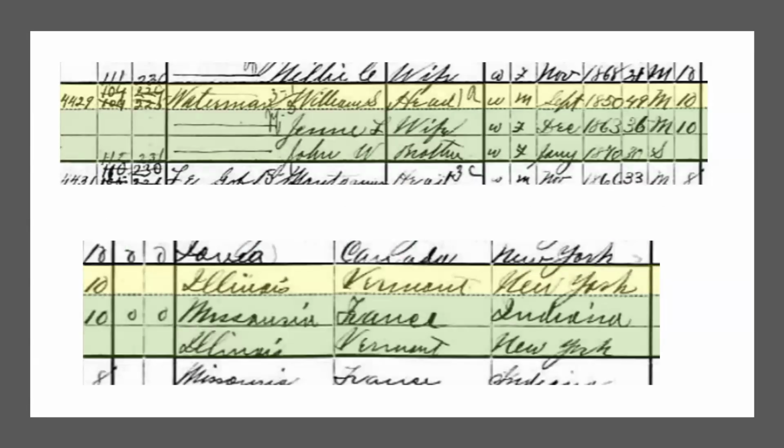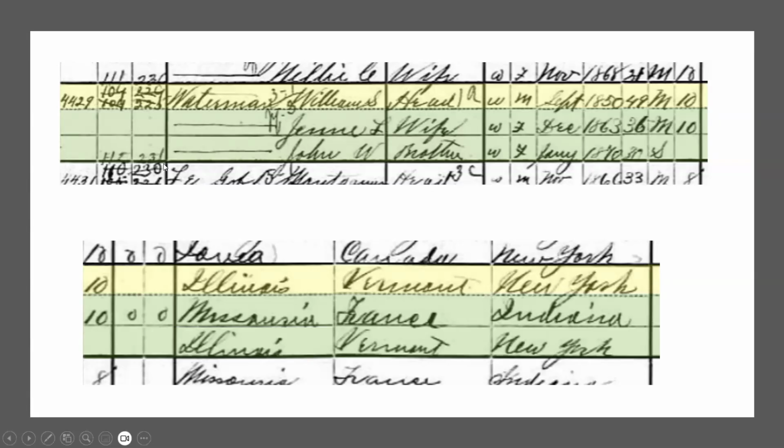This is in 1900, and we've got William Waterman, the oldest son of Lucius and Rachel, with his wife. They're in Chicago. They've been married 10 years. And then there's this brother, John W. Waterman, born in 1870.